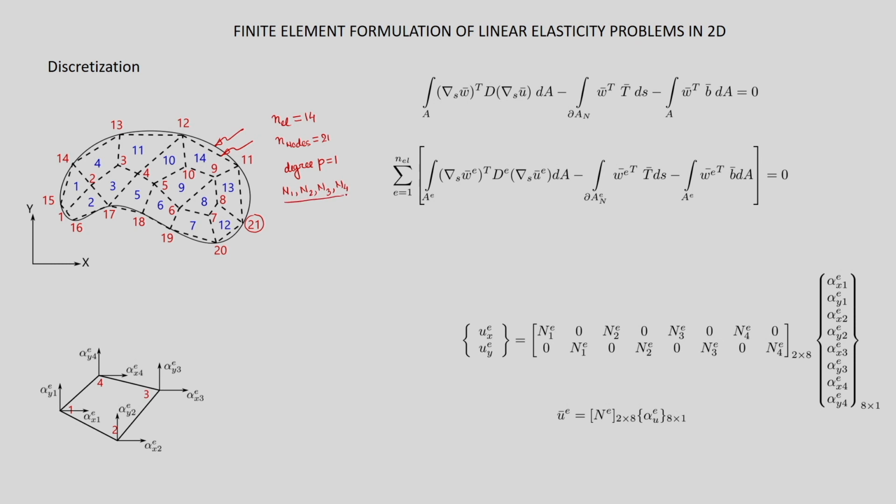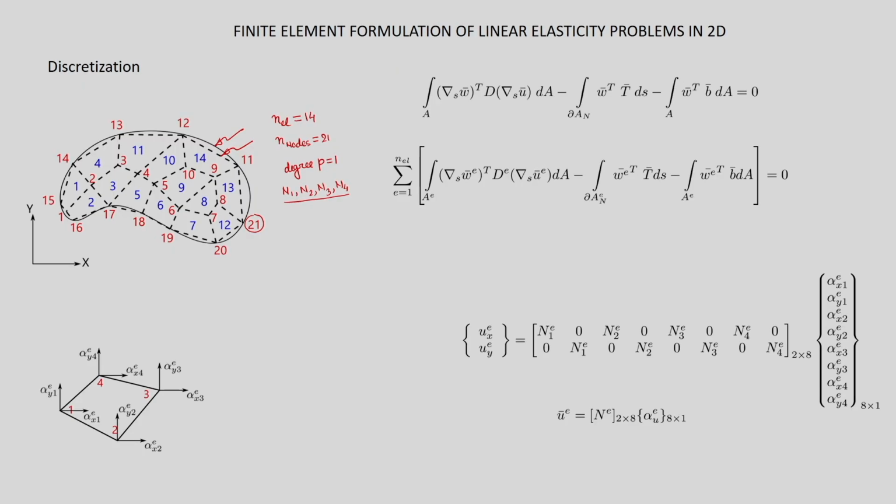These 1, 2, 3, 4 are local numbers, alright. So, in a given element we have 4 shape functions and each shape function is 1 at the corresponding node, and all other shape functions are 0 at that node. Alright. So, we know the definitions of these shape functions for the quadrilateral element with degree p equal to 1.